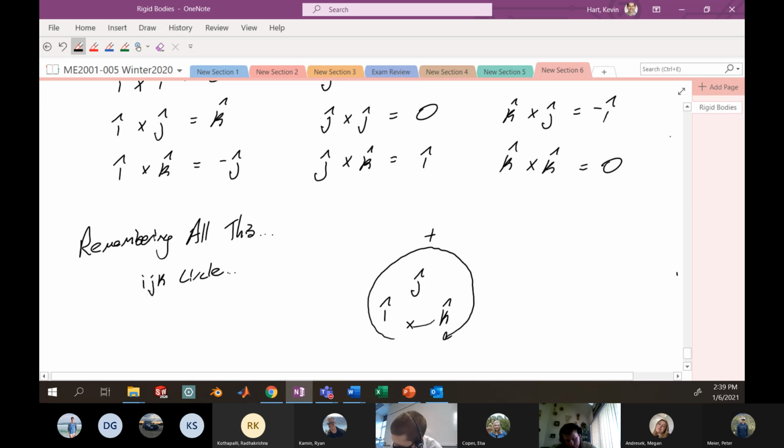So K crossed with I gets you a positive J, and so on. If you're going the other direction, like I crossed with K, you get a negative J, because you're going the wrong way around the circle. So that's one method to the madness.